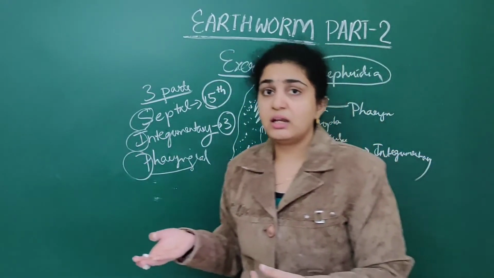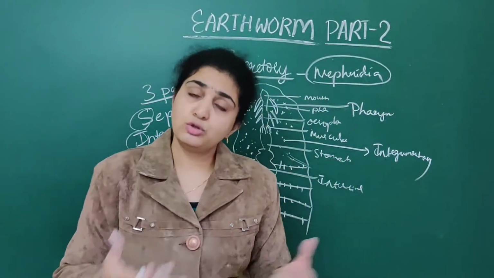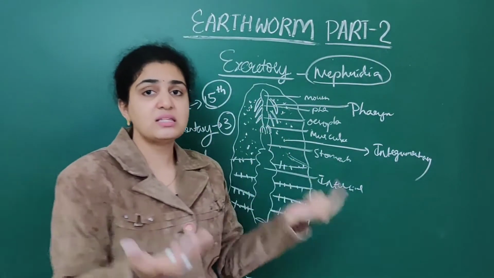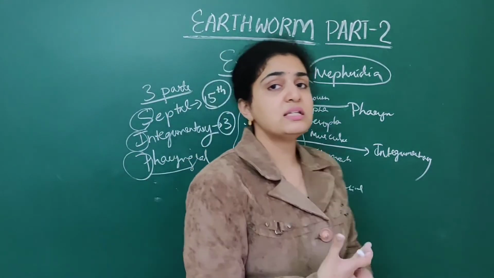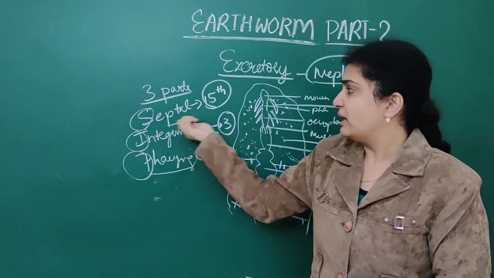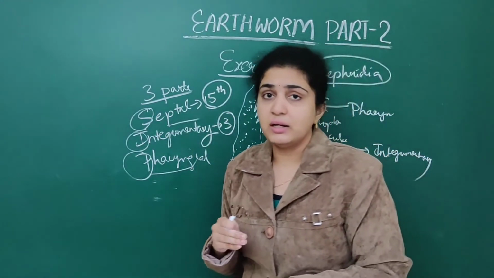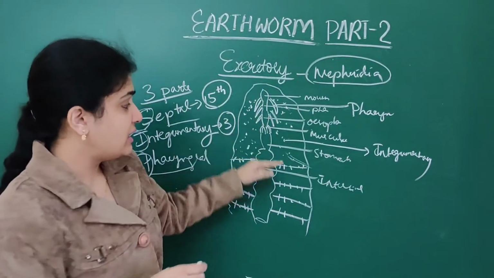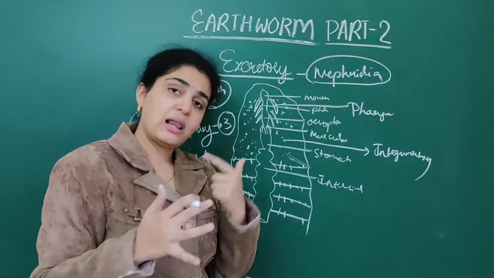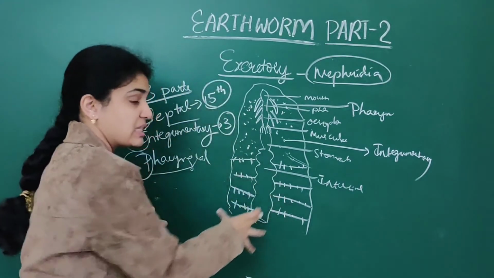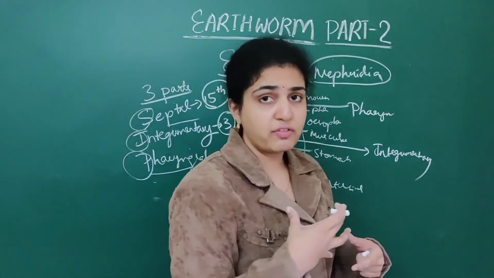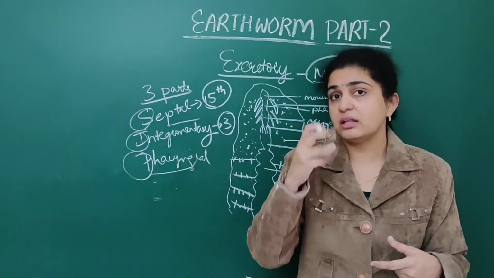Whereas integumentary nephridia extend throughout the body from the 3rd segment to all parts, so they are called integumentary nephridia. When it comes to septal nephridia, they extend mainly from the 15th segment of the body till the last segment. They will ask you in NEET like this: in the last segments of the body, what are the nephridia that are present?